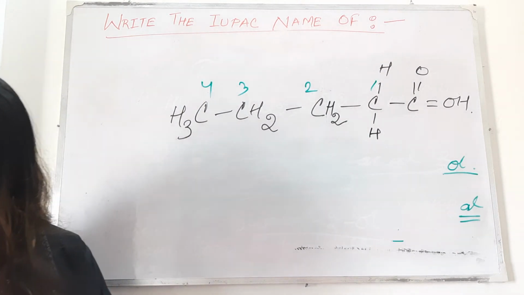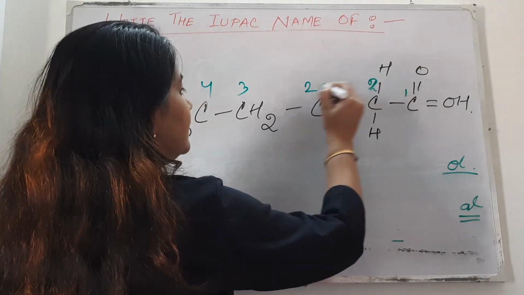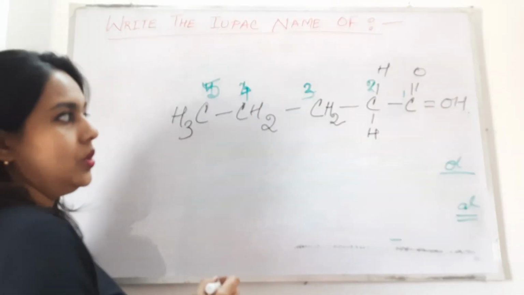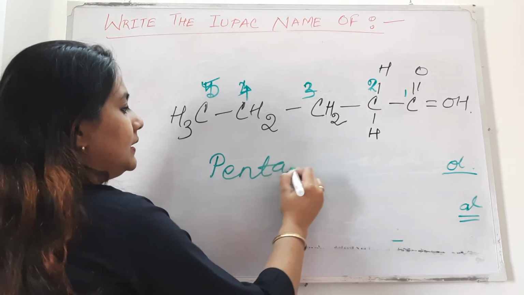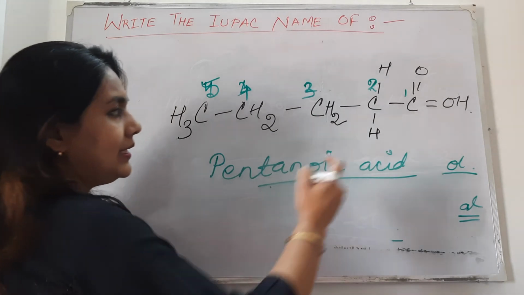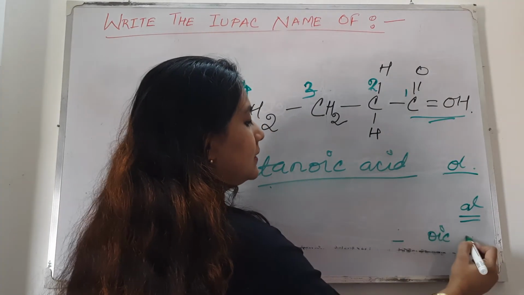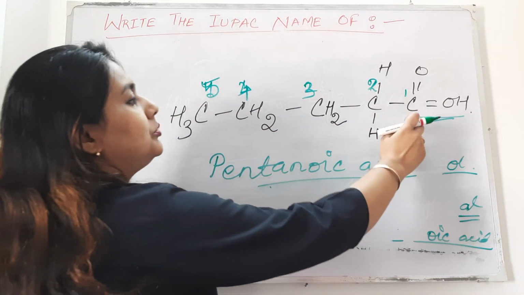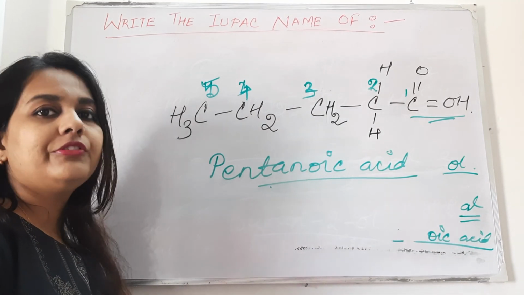What will be the name of this compound? So the name of this compound will be, this is the fifth carbon atom. So, pentanoic acid. When there is one COOH group, we end the name with oic acid. Now over here, position mentioning is not important. Why? Because it is present at the first position. When there is no position mentioned, that means it is present at the first position.